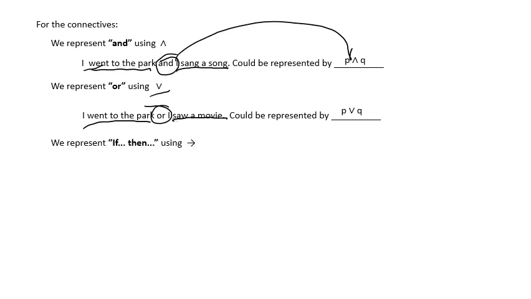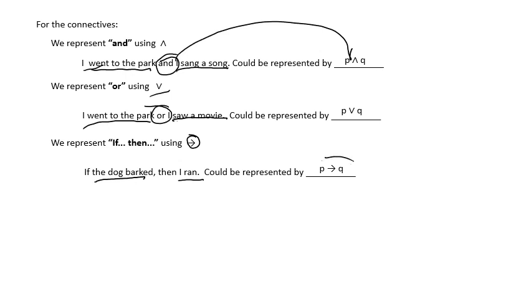We represent the if-then statement using the arrow. Using the arrow, we can write the sentence, if the dog barked, then I ran. It could be represented by, well, the dog barked is one simple statement. I ran is another simple statement. Assigning them letters, we get P, then Q. Finally, the if and only if connective. It's represented by this bidirectional symbol.